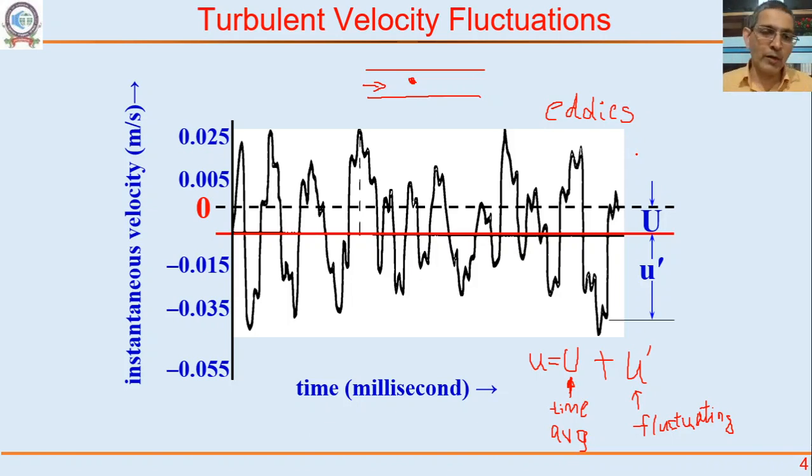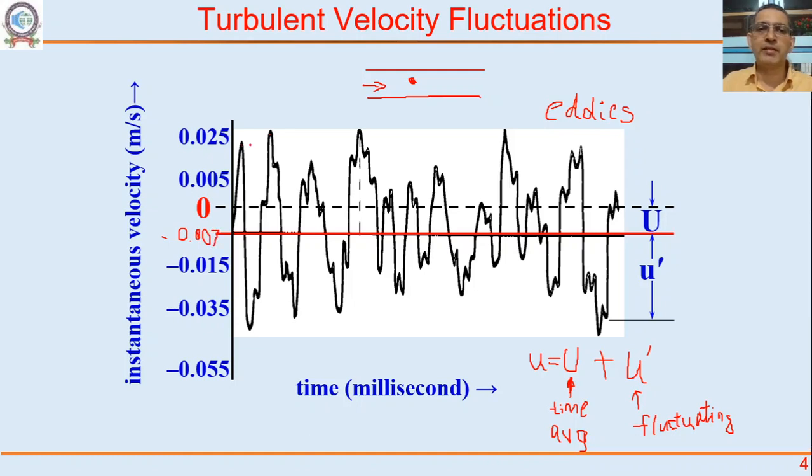So in a turbulent flow, we can characterize a turbulent flow by presence of eddies, which go very rapidly from one location to another location, and they have a lot of velocities. Their velocities can be significantly different from the time average velocity. For example, the time average velocity here is minus 0.007.